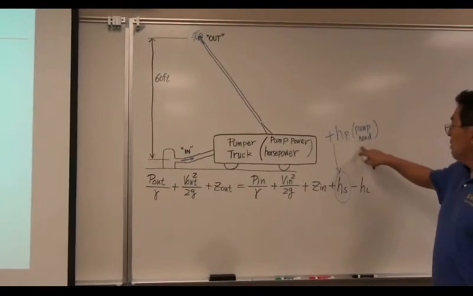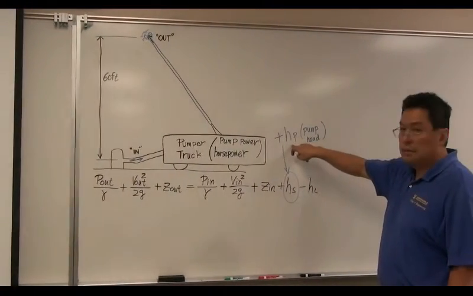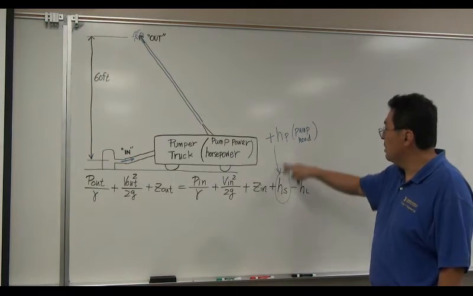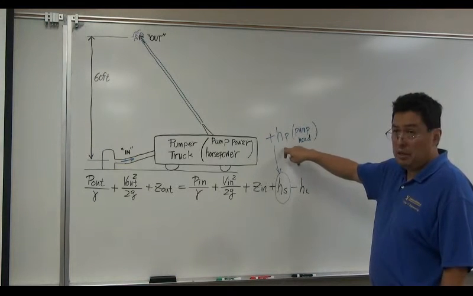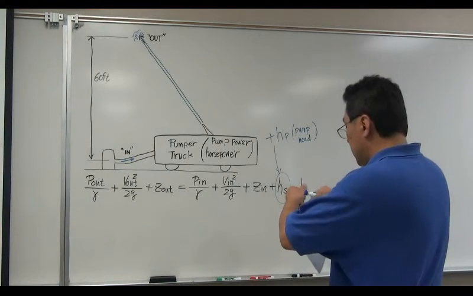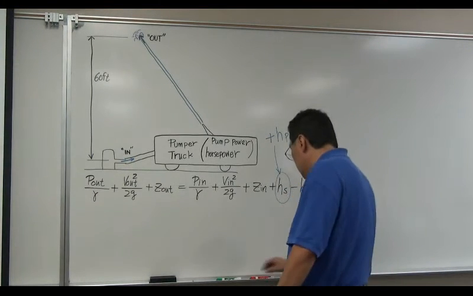So this is a pump, so you're actually adding energy. So it's plus. And then I'm going to rewrite HS is equal to plus HP. Okay? So let's take a look at each term one by one.